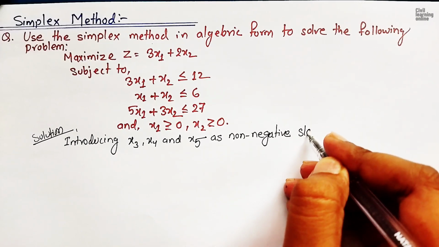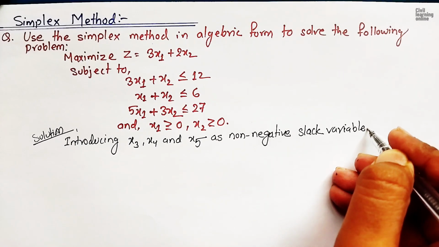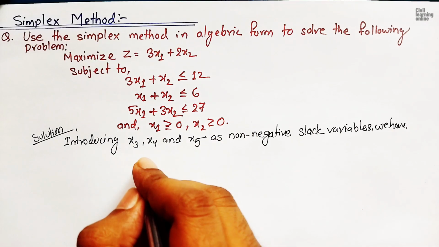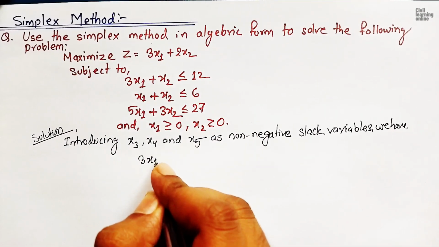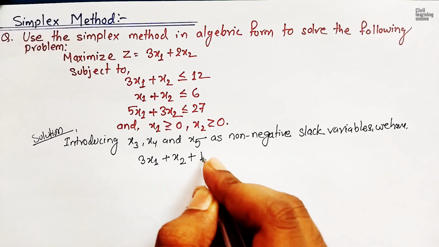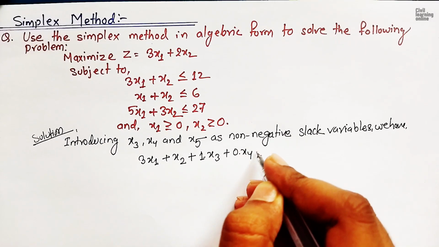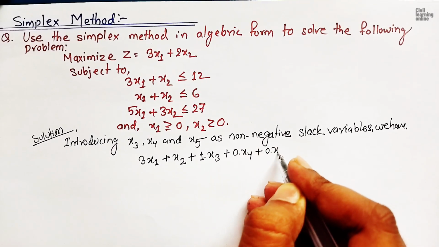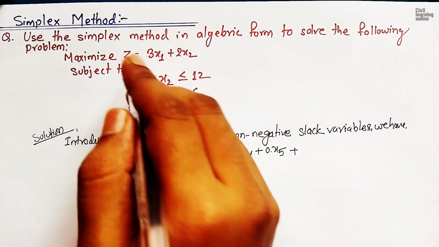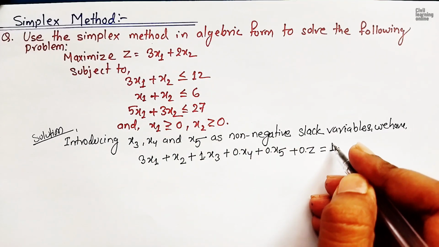Introducing x3, x4 and x5 as non-negative slack variables, what are we going to have here? We have 3x1 plus x2 plus 1 times x3 plus 0 times x4 plus 0 times x5, and we are going to take z also, so plus 0 times z equals 12.